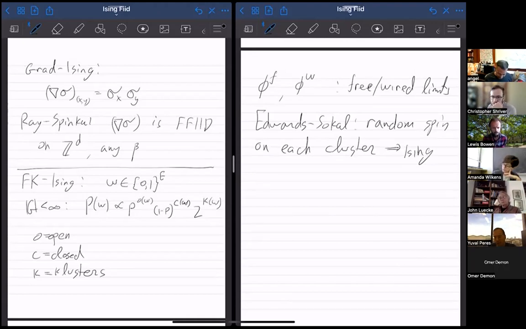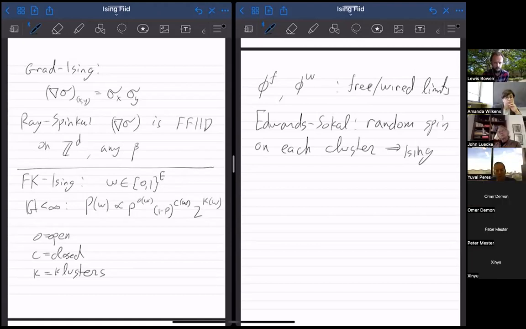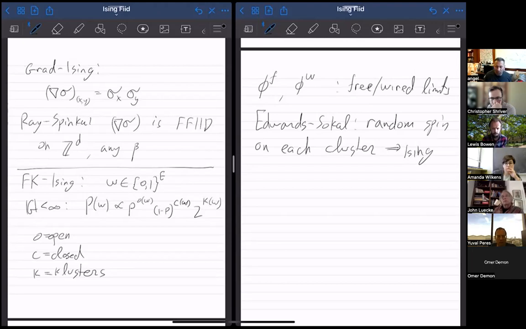So those are both factors of IID in general. Okay, so that's the FK Ising. Are there any questions at this point?